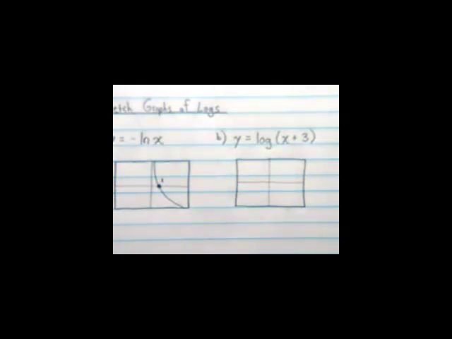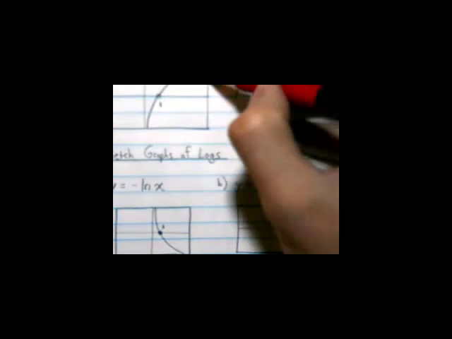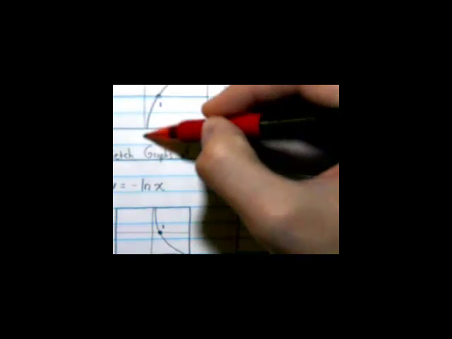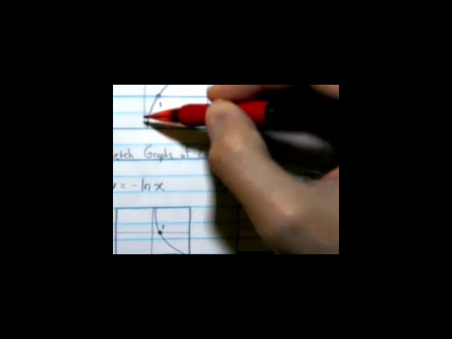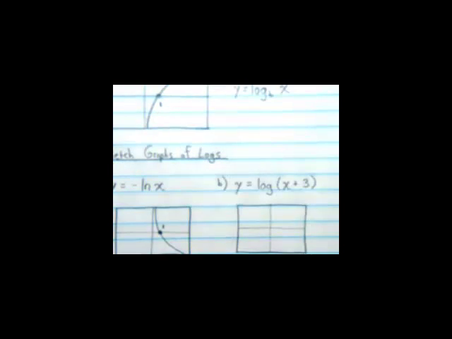Yeah. Goes left 3. Okay. So think about this graph at the top here, shifted to the left 3. Do you see how this graph has a vertical asymptote right down the y-axis? Where should that vertical asymptote be now? Negative 3. Exactly.